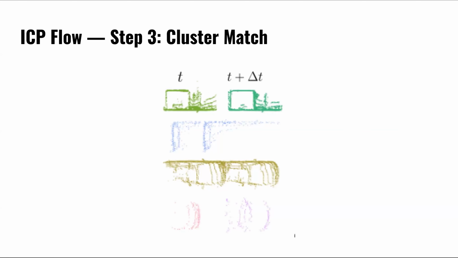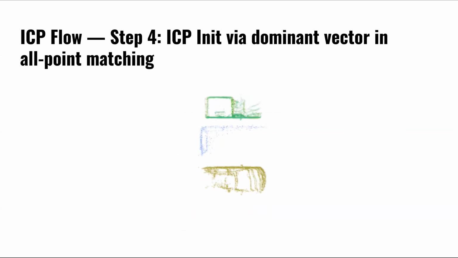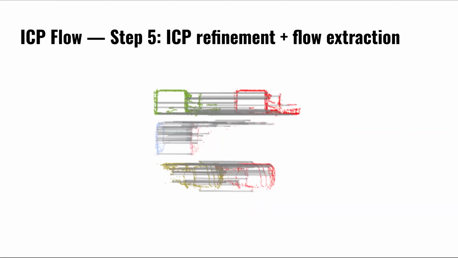You then match them. And then really the magic sauce of this method is finding a good initialization for ICP. So they do all points pairwise matching. They get a histogram. And then they use that as an initialization to figure out what the transform for ICP should be. Once you have this good init, you have, roughly, hopefully a convex optimization surface, and you're able to then lock in and get really good flow.